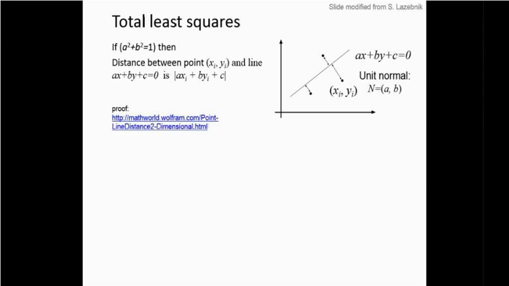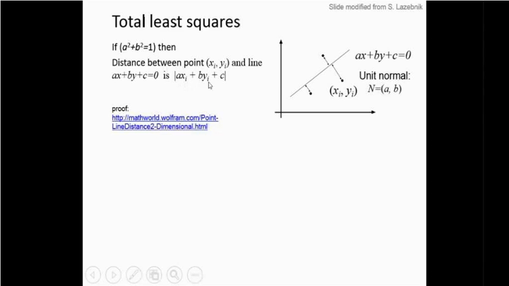One thing that's nice about it is that if a squared plus b squared is equal to 1, and note that you can scale a, b, and c freely, because if you multiply them all by any scalar, you've still got 0 on the right-hand side, then the distance between some point and the line is just the absolute value of axi plus byi plus c.